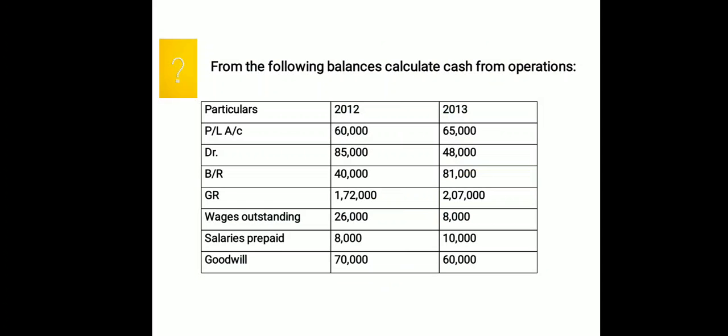So any one thing you can write. As I told you, I have taken two questions today. In one question I have written one, and in the other question I have written the other format. So you can go for any one. There is no hard rule that you have to write like this only.